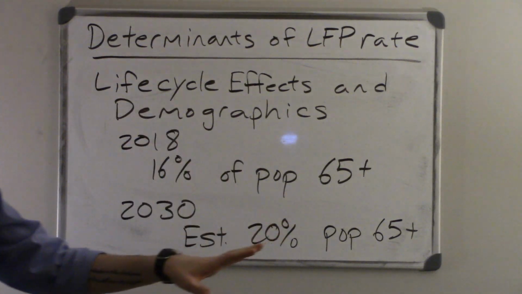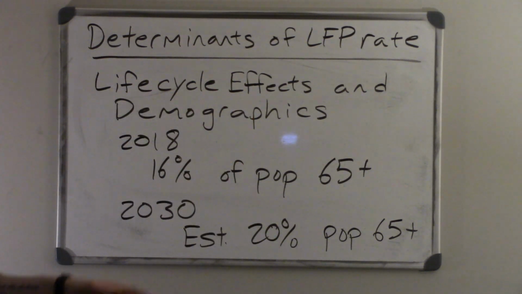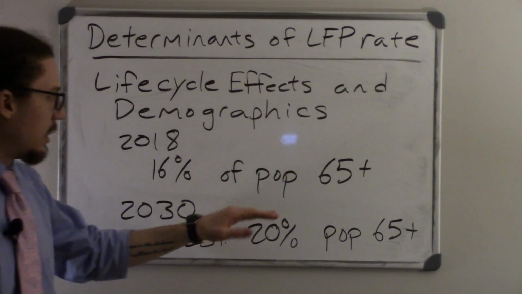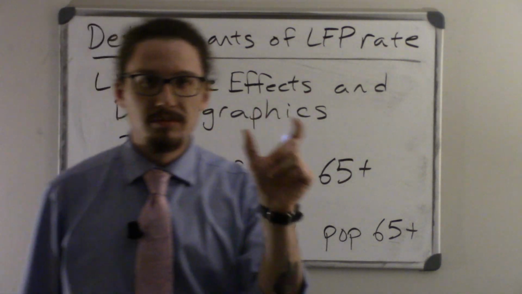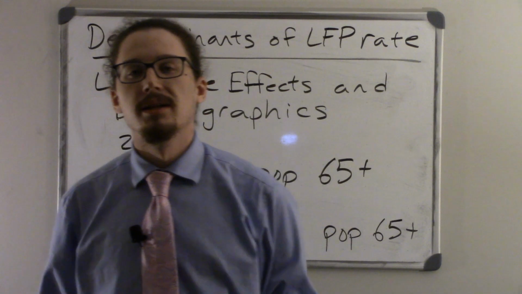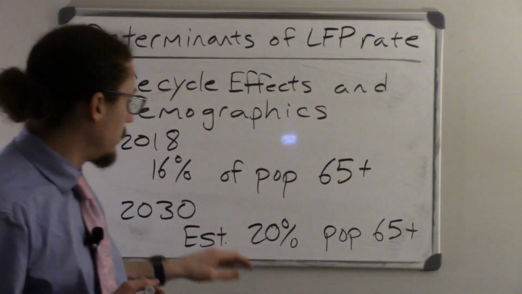The baby boomers, right? As they get to that retirement age, the demographics of this country are going to change. We're going to have a larger percentage of people in the portion of the life cycle where they're much less likely to be participating in the labor force.